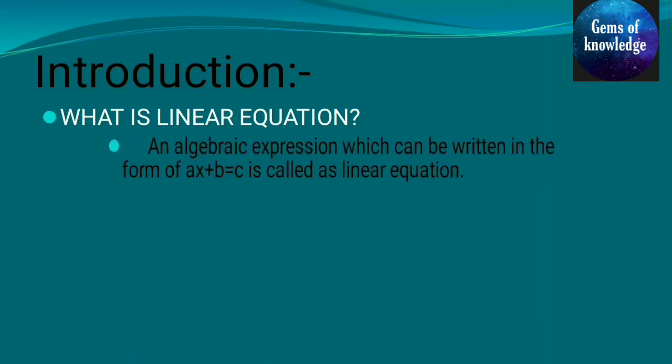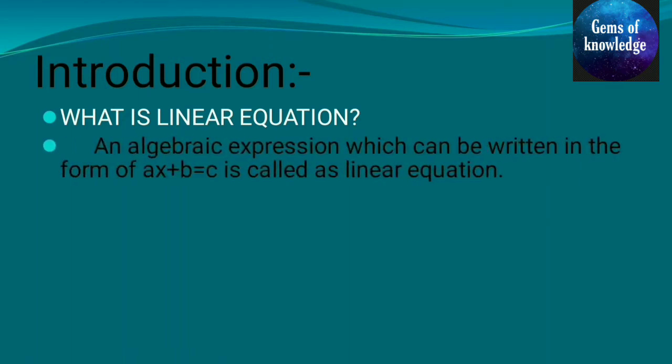An algebraic expression which can be written in the form ax plus b is equal to c is called a linear equation. We all know about the algebraic expression as we have already studied it. So the expression which can be written in this form, that is ax plus b is equal to c, is called a linear equation.